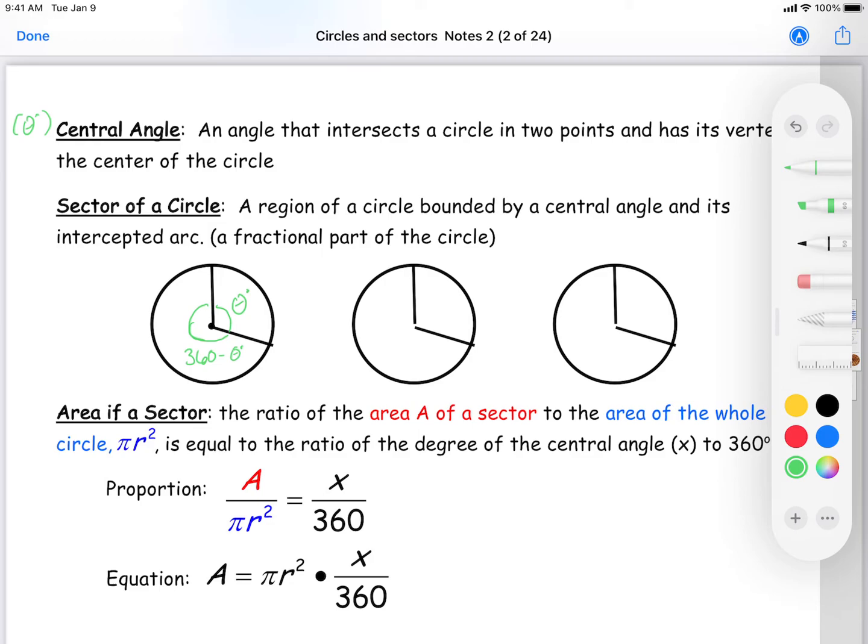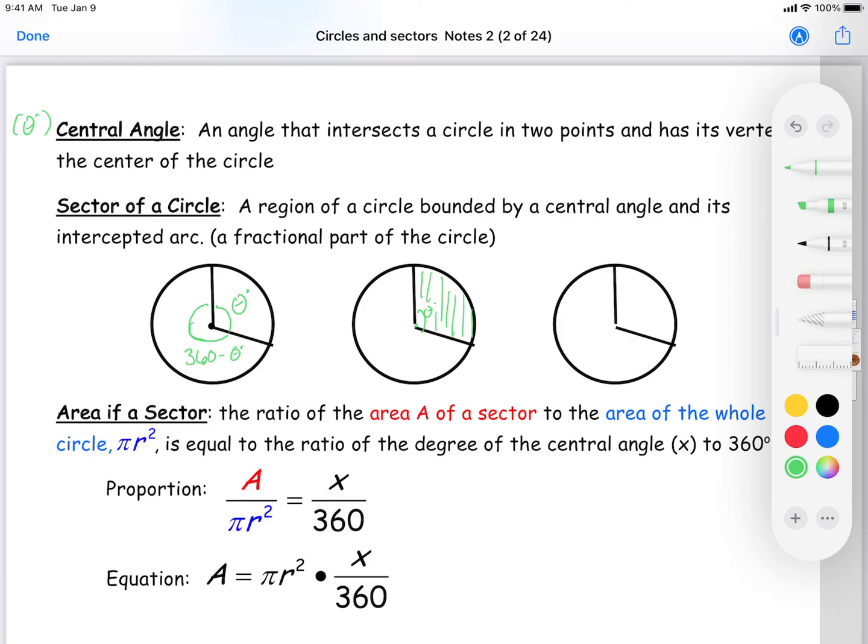So, a sector of a circle is a region of a circle bounded by a central angle and its intercepted arc. So it's a part. There are actually two ways that we can think about this. If I'm given this central angle right here, then the sector of the circle would be all of this.